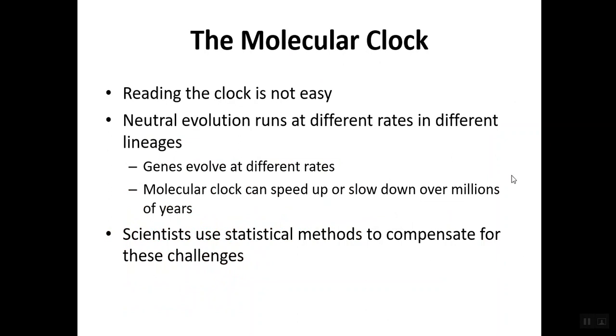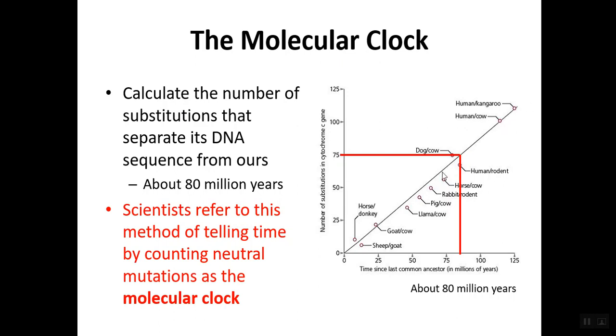Now, as I told you, reading the molecular clock is not easy. There are also problems associated with the molecular clock, because we assume here that there is a kind of steady state of accumulation of neutral mutations over time. But this is not necessarily true.